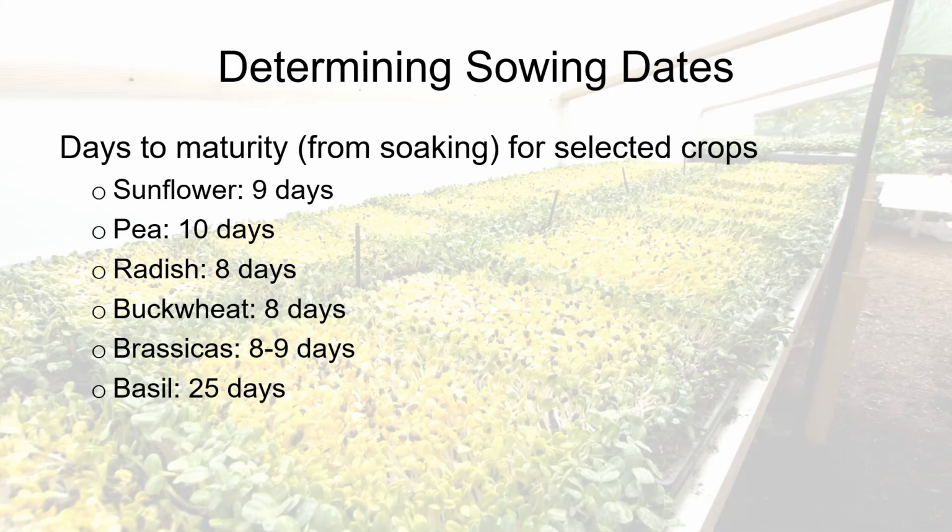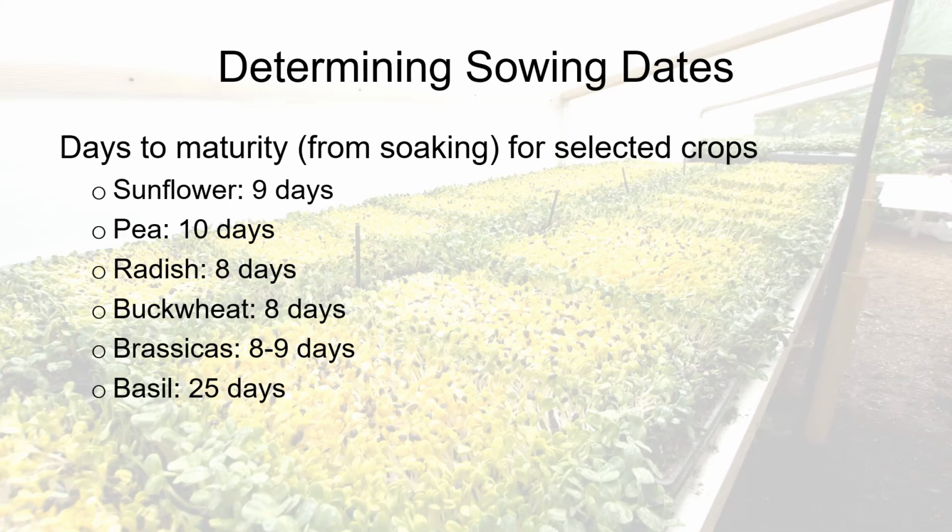Many crops have about this 8 to 10 day cycle, and those are the crops that I really focus on within a system. You can see something like basil gets into the 20 to 25 day range, and this makes it really, really difficult to manage multiple crops if you have that long of a cycle and you're doing multiple harvests a week.